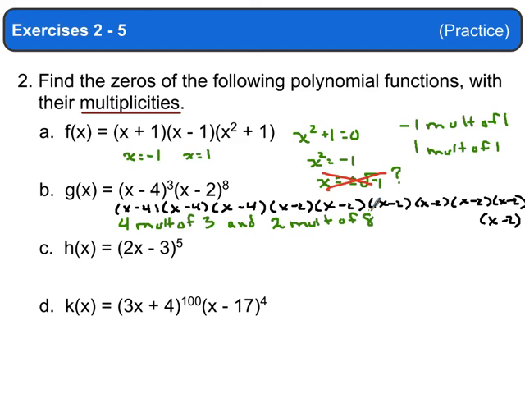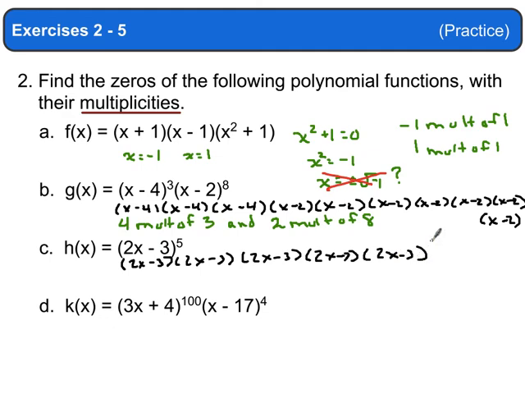So let's look at C. C says 2x minus 3 is written 5 times. We can write that out: 2x minus 3, 2x minus 3, 2x minus 3, 2x minus 3, and 2x minus 3. You don't have to write it out 5 times.